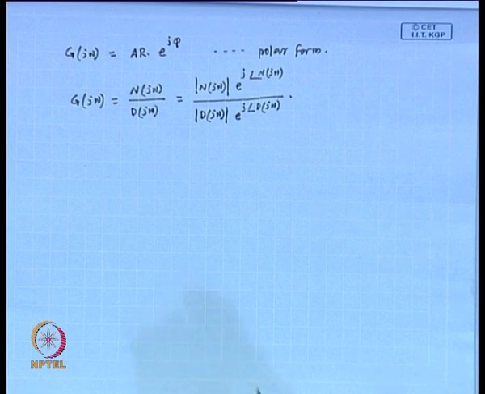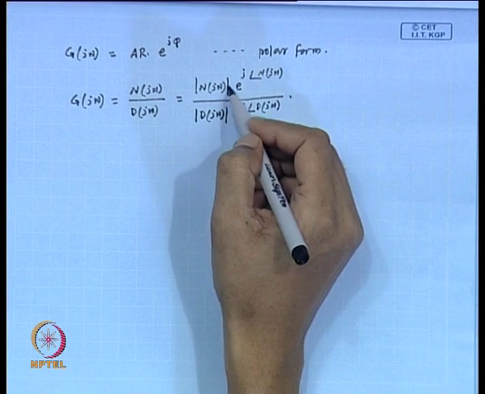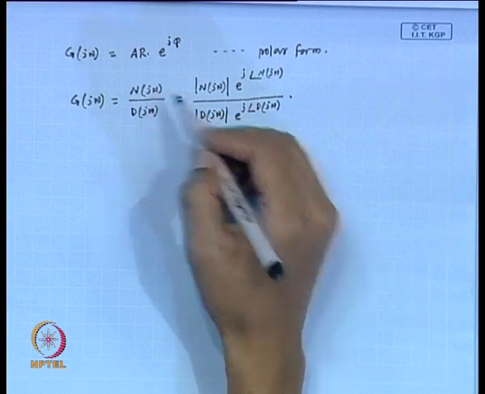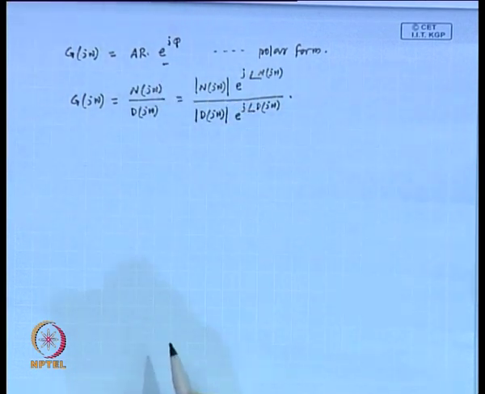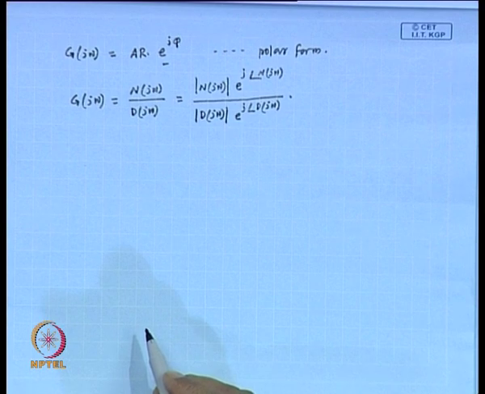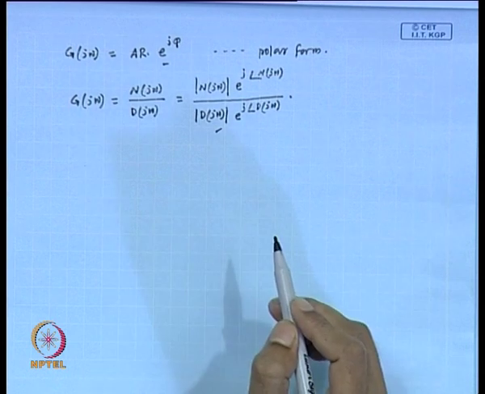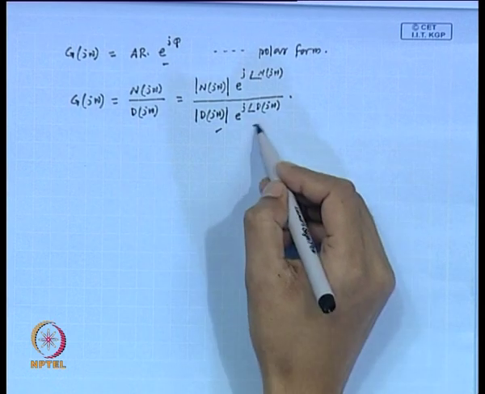Fine. This is the magnitude of the numerator multiplied by this exponential term. Similarly, for the denominator, this is the magnitude of the denominator and this is the exponential term.